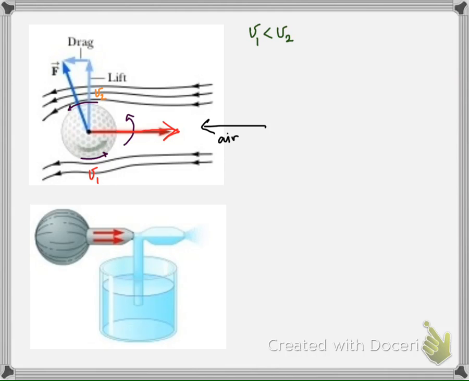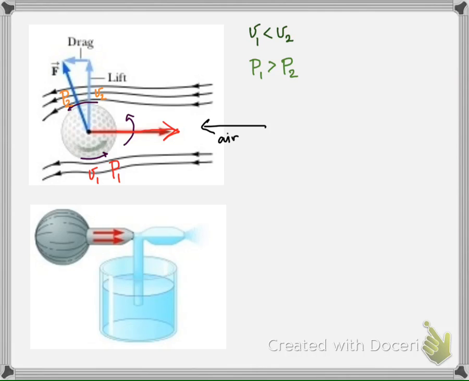Similar to the case of the airplane wing, if we denote the pressure at the bottom surface as P1 and the pressure at the top surface as P2, we will have that P1 is larger than P2.